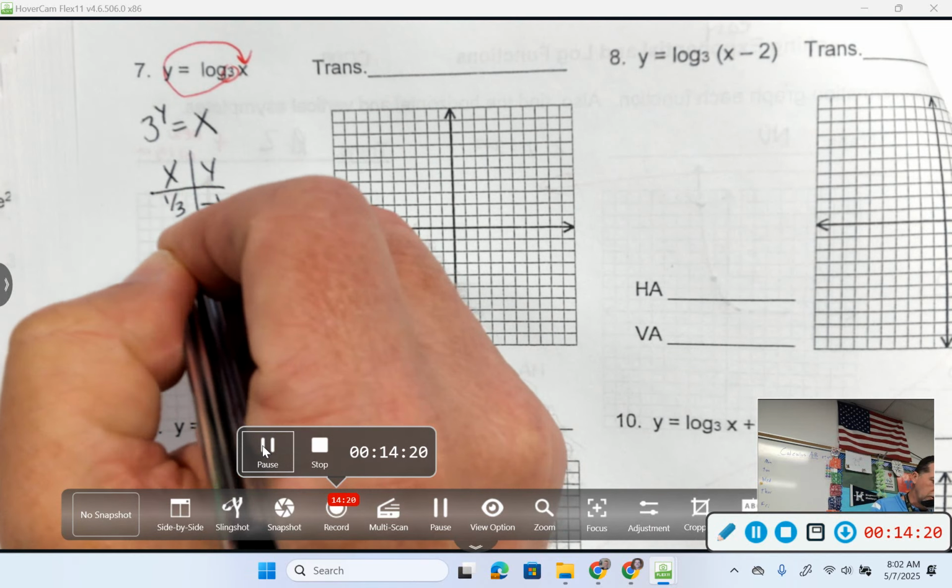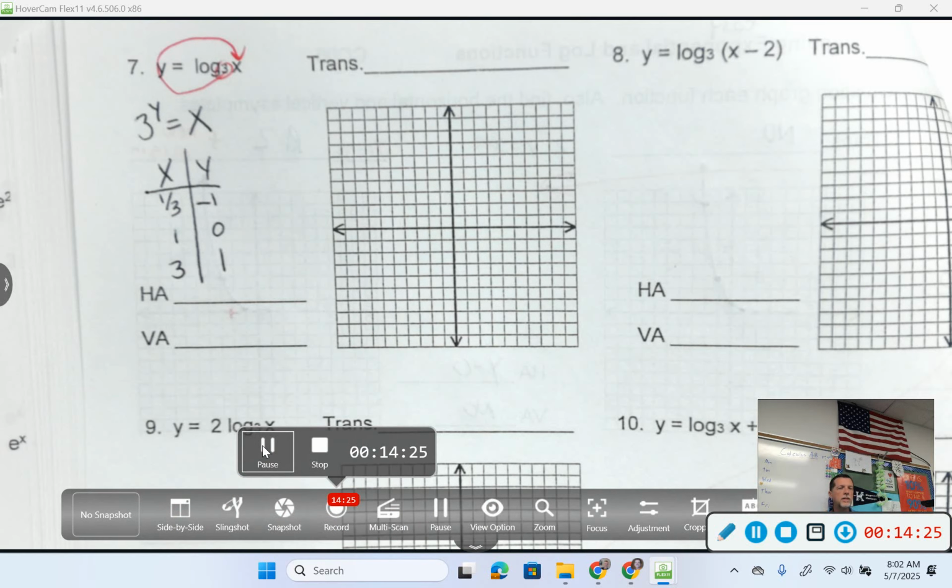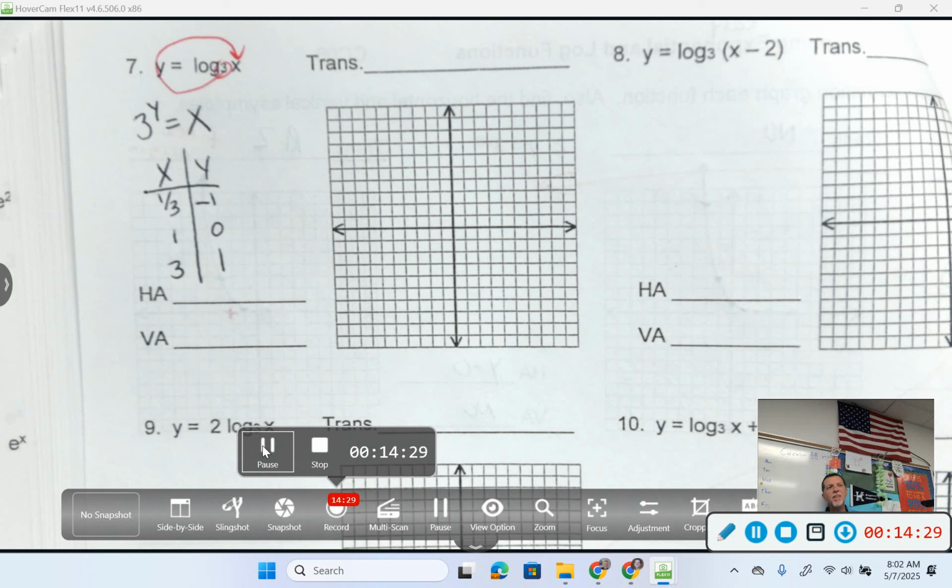Wow, these are familiar looking values here. Well, it's not the same thing. How is that table different than the tables on the y equals x? The x and y's are flipped.